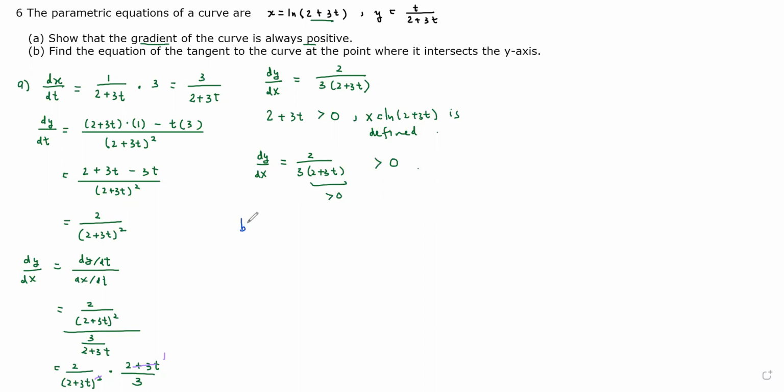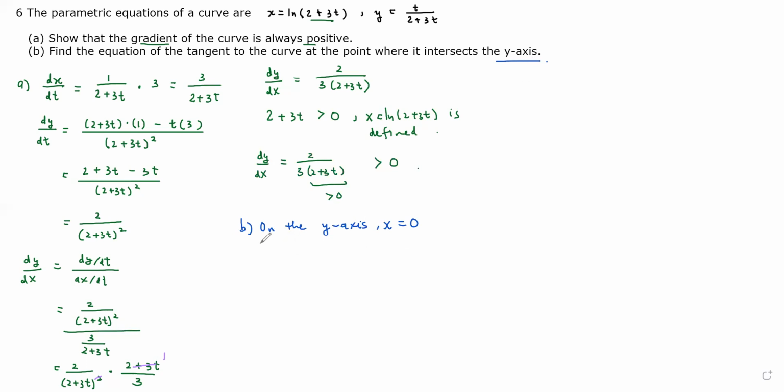Part B, we need to find the equation of the tangent to the curve at the point where it intersects the y-axis. On the y-axis, x is always 0. So we need to find the value of t when this occurs.